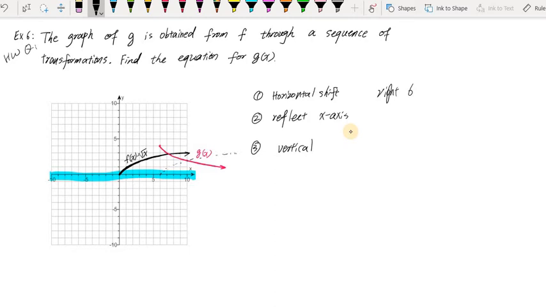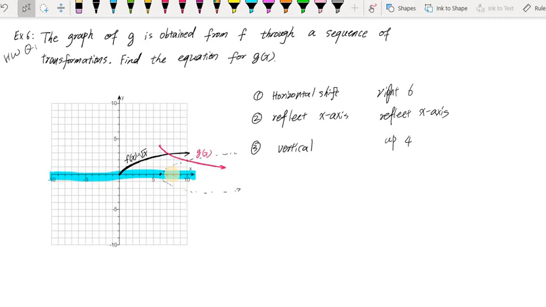Then I realized we also had a reflection about the x-axis. So we're going to say reflect about the x-axis. Once we have that, I can observe from here we're moving 1, 2, 3, 4 up. Up 4. So this is from my observation.